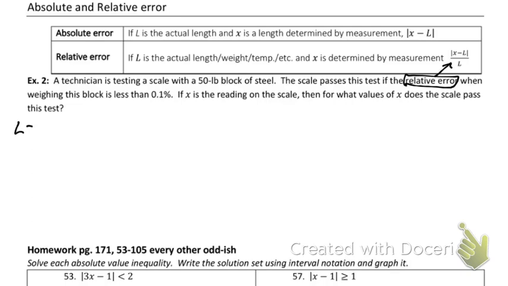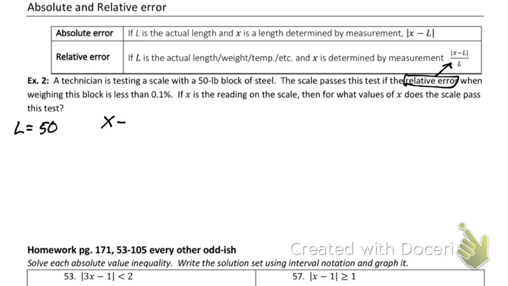When we weigh a 50-pound block, the scale should read about 50 pounds. If it's too big, I have to throw out the scale. If it's weighing too little, I'm going to throw out the scale. So our x is going to be what our scale actually gives us.